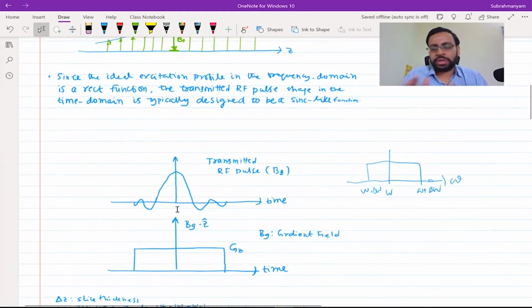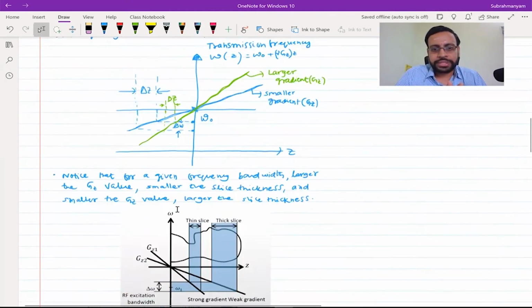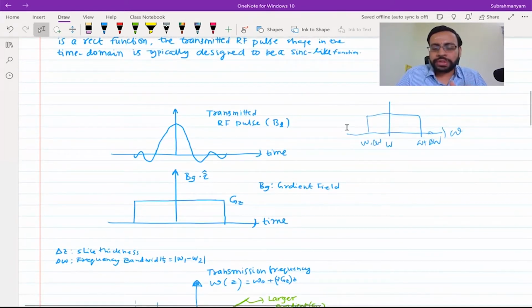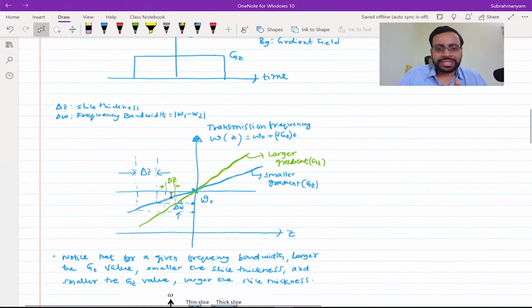Another thing we are going to consider here is what you refer to as the bandwidth, the frequency bandwidth. That usually is fixed. Within this bandwidth you would be considering the values. It's a fixed thing for a given MR scanner.